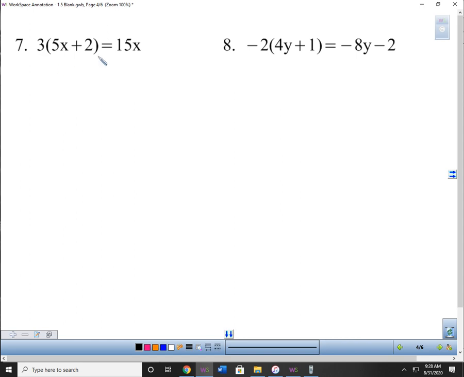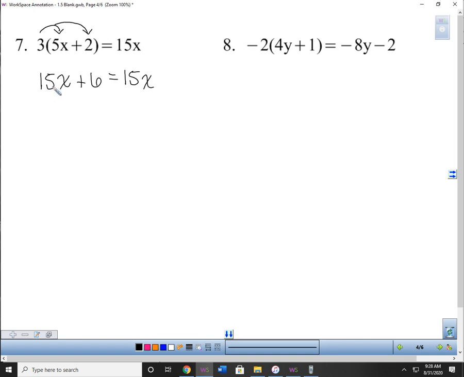All right, so I notice on this side I need to distribute my 3. 3 times 5x is 15x, and 3 times 2 is 6, equals 15x. All right, so I want to get my x's together.